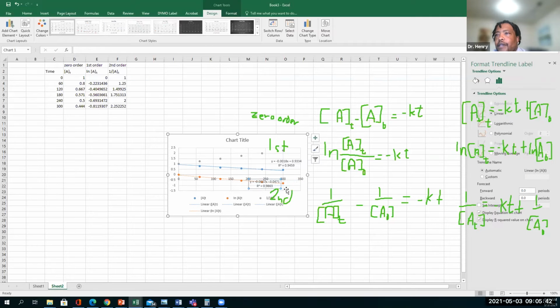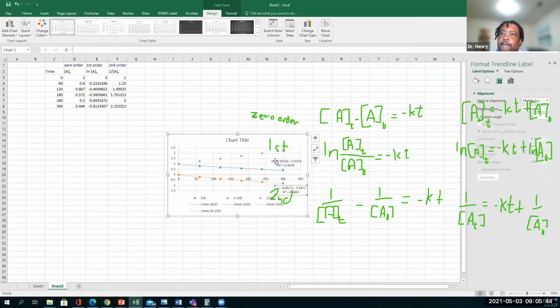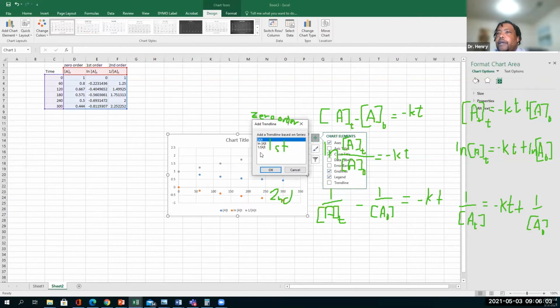Okay. And then the last one is trend line. Oops, trend line.